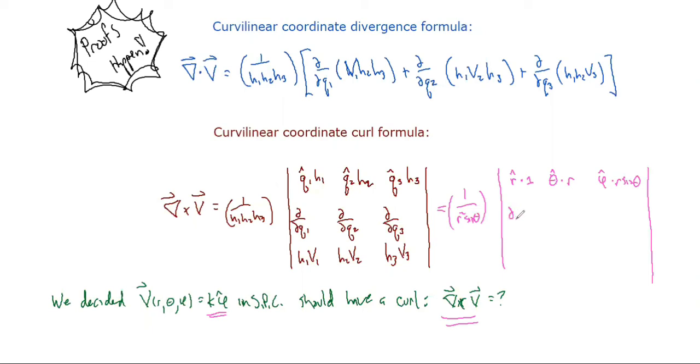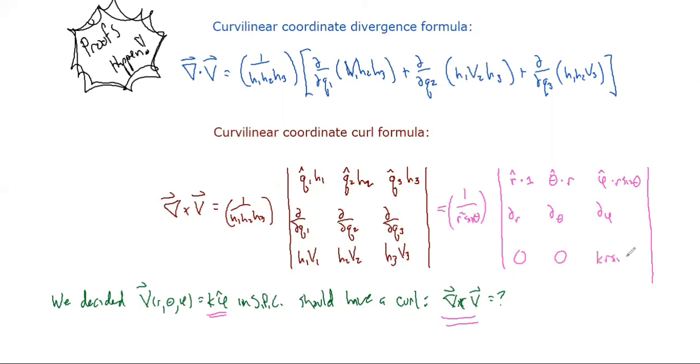And then d by dr, d by d theta, I'll use the abbreviated notation. And then here we have 1 times nothing, so it's 0. And then 1 times nothing because there's no phi hat component of the function. And then we just have, aha, here's the magic, h3, so that's r sine theta times k.